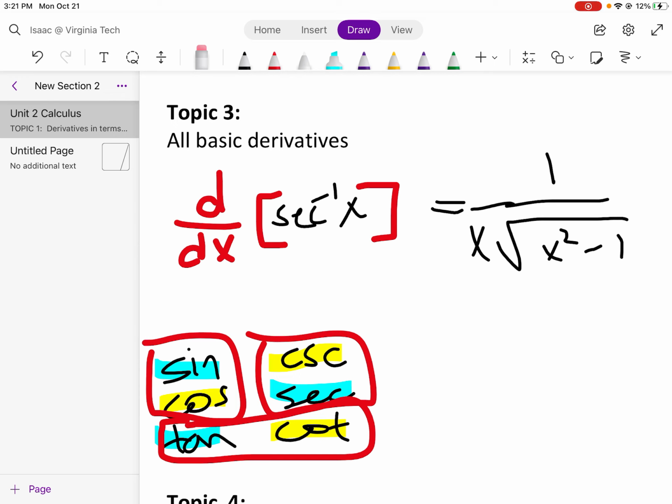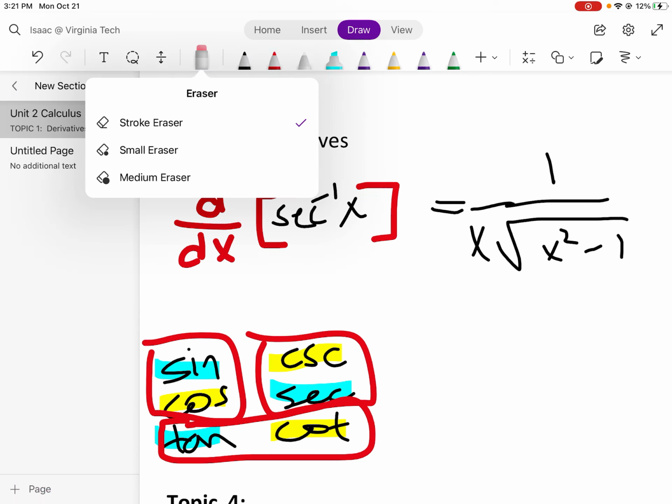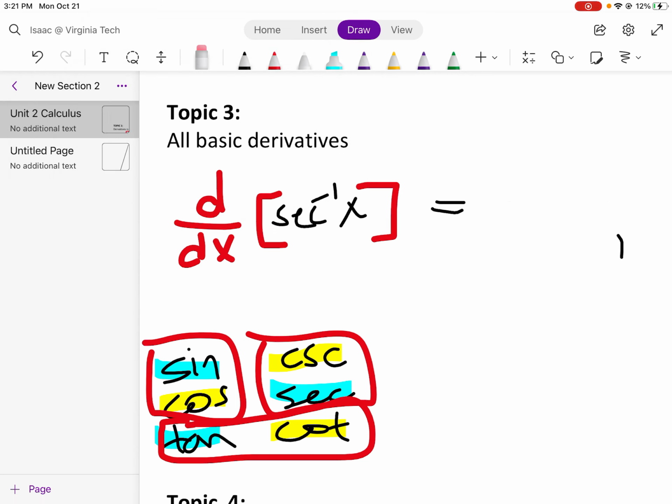So those look similar. Now the last 2, which in my opinion are actually the easiest to memorize, are arctangent and arccotangent. So arctangent is 1 over 1 plus x squared.